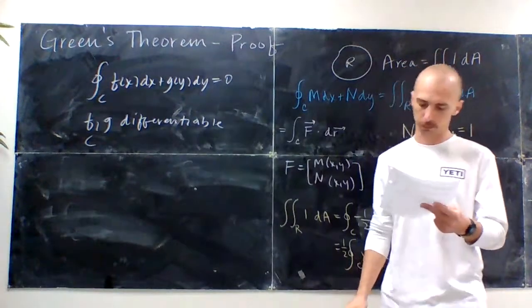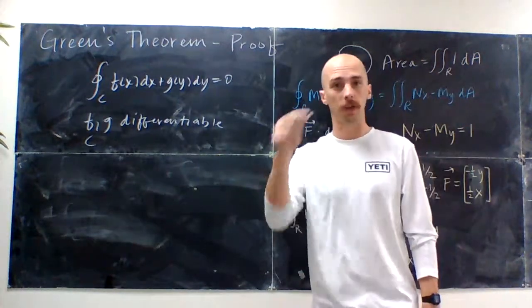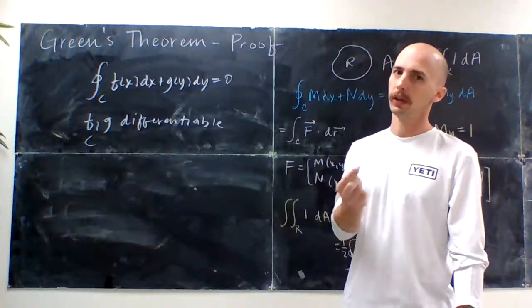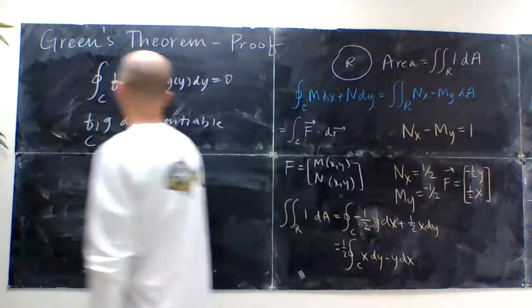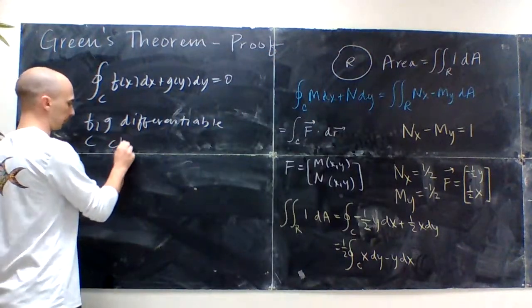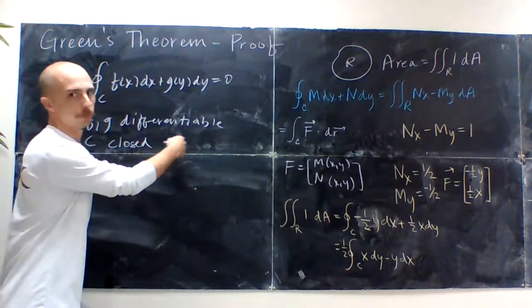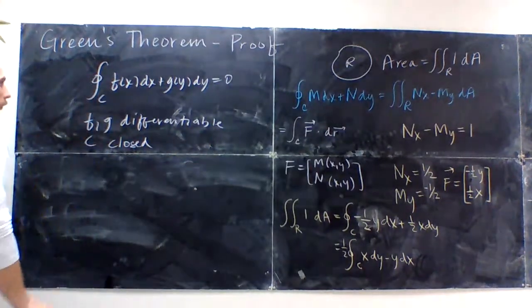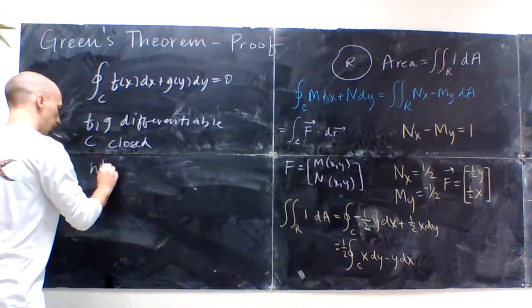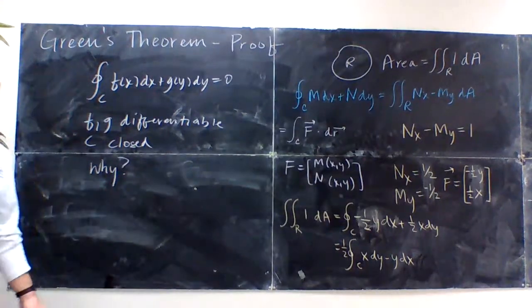It needs to be piecewise smooth. It wants to be simple in the sense that it's not self-intersecting, and it wants to be closed, like the start point is the end point. Closed, smooth, and simple. Why is this true? I'll let you think about that.